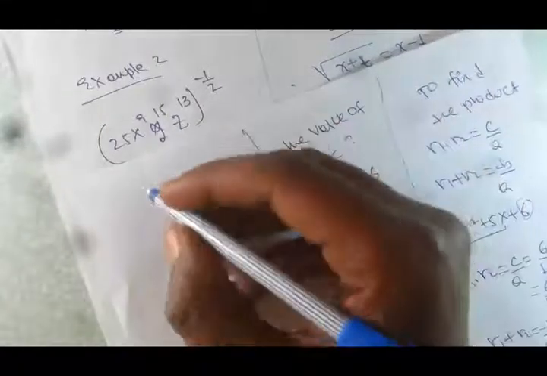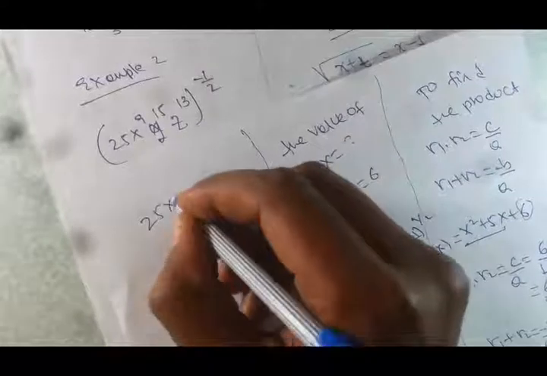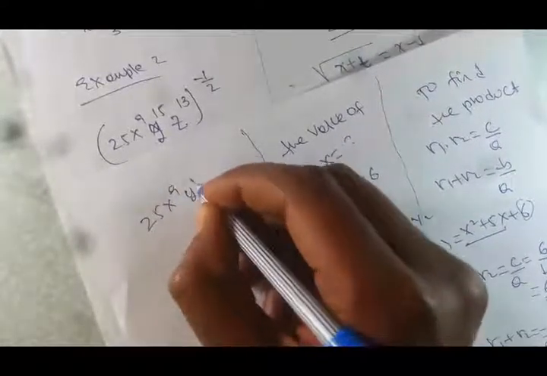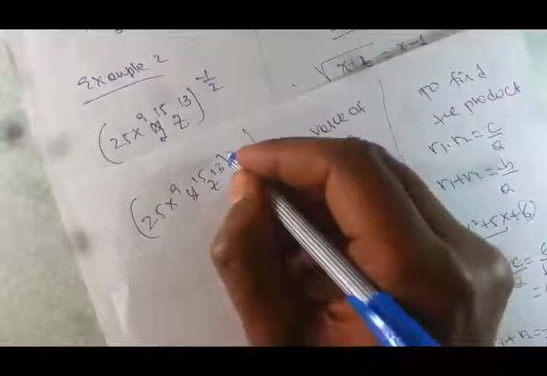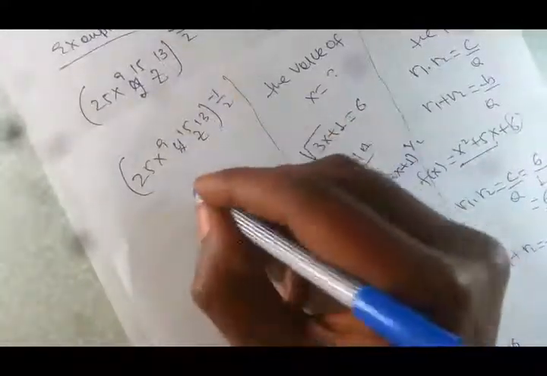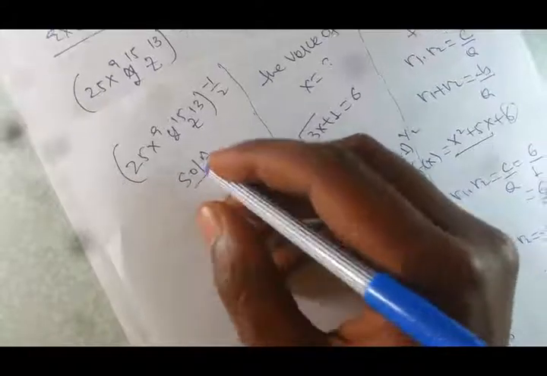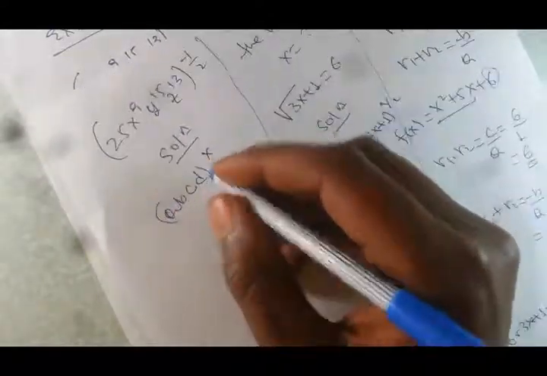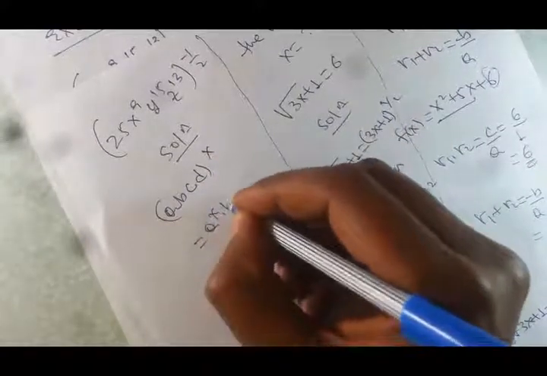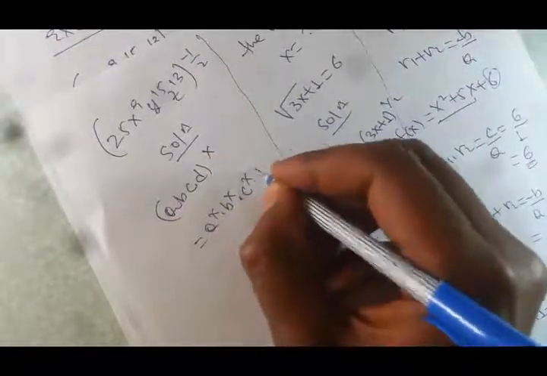And example 2 is given by 25 x raised to 9 y raised to 15 z raised to 13, all raised to minus 1 over 2. Solution. We know that a b c d raised to x can be written as a raised to x times b raised to x times c raised to x times d raised to x.